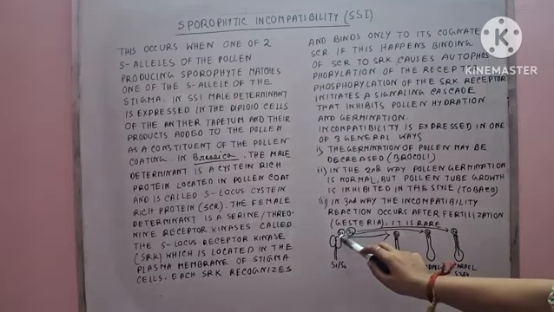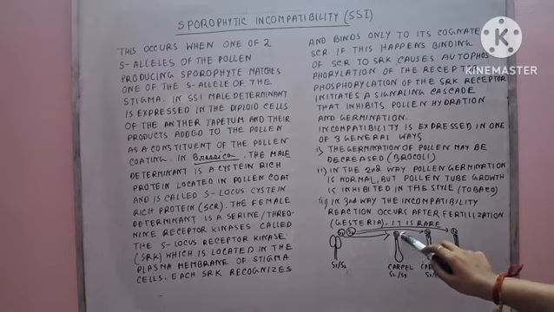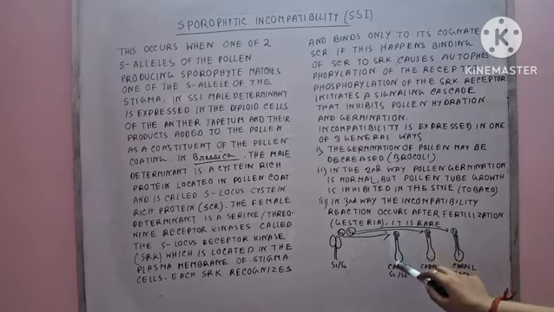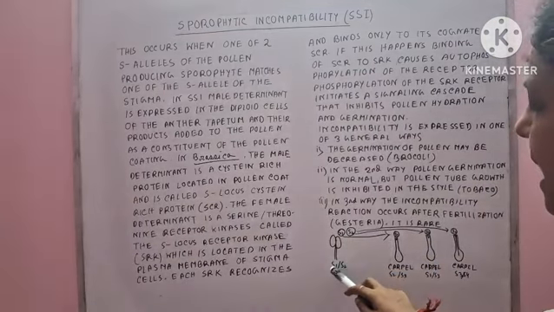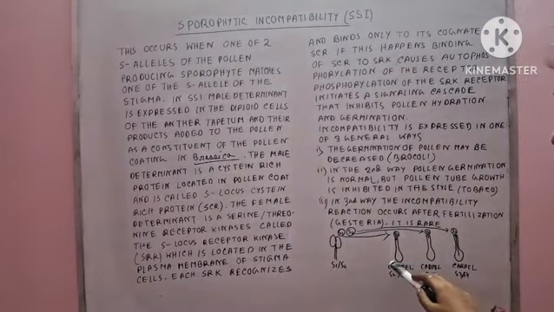So when S1 is transferred to the carpel, the pollen tube is not formed. Why? Because here the sporophytes are S1 and S2, and here the sporophytes are S2 and S3.